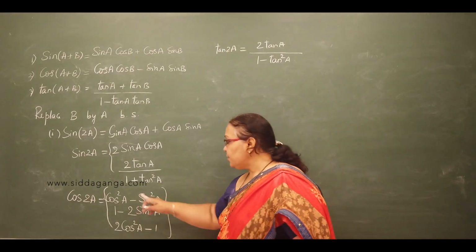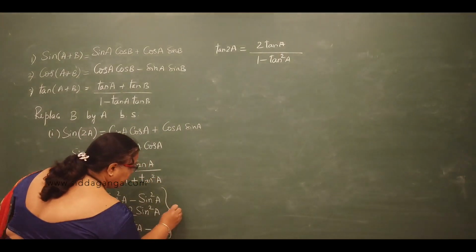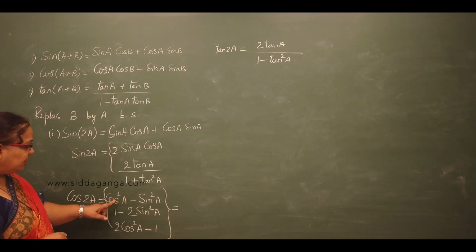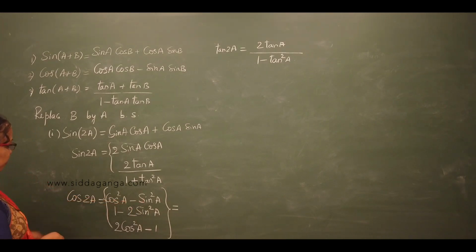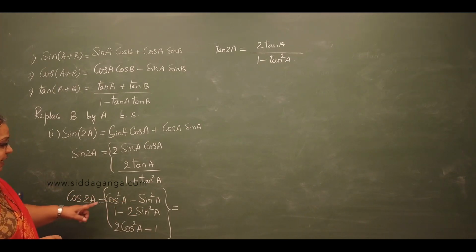Here we can also express cos 2A only in terms of the tan ratio. We have to consider this result and take it as divided by 1, and use the identity.